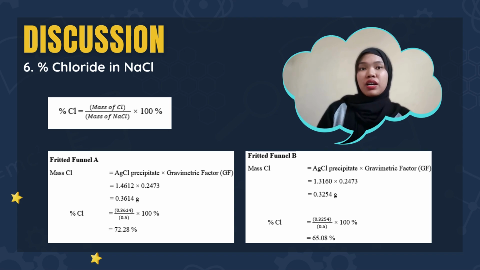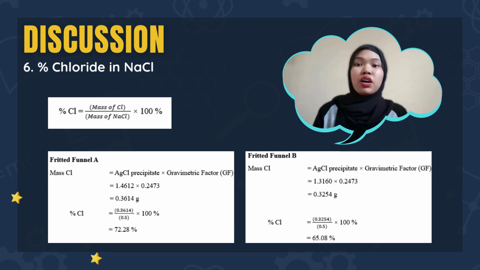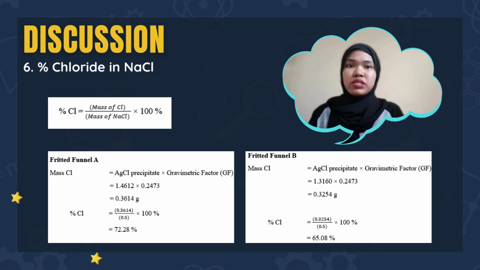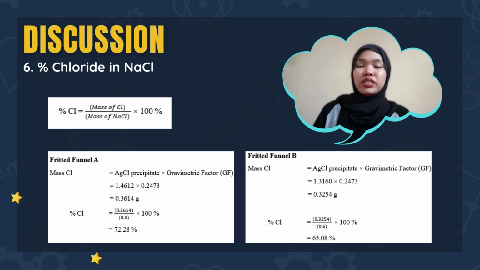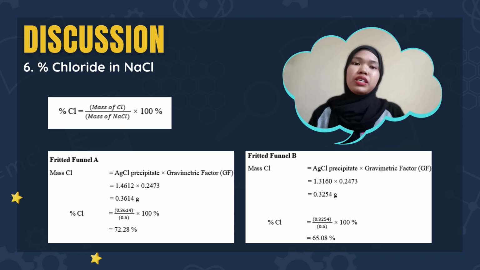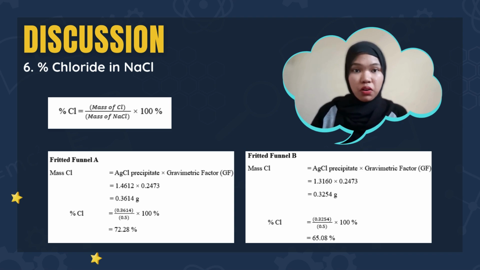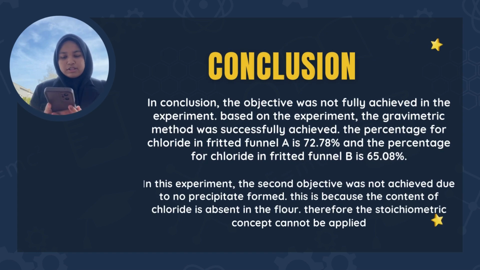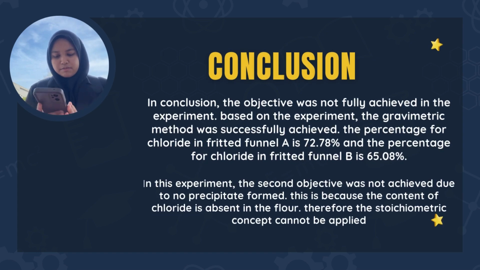After that, we find that the percentage of chloride in treated funnel A is 72.28%, and for treated funnel B it's 65.08%.